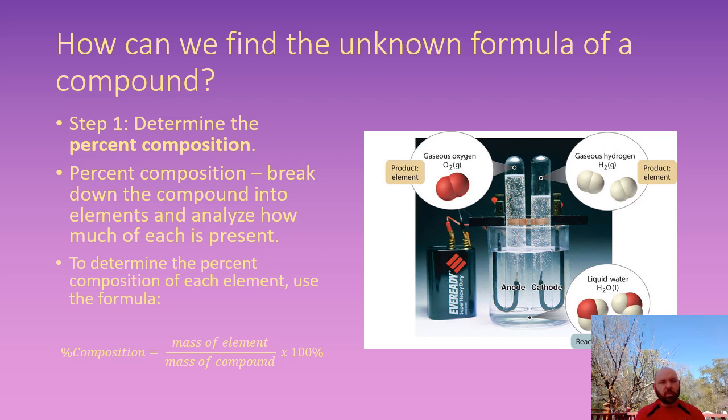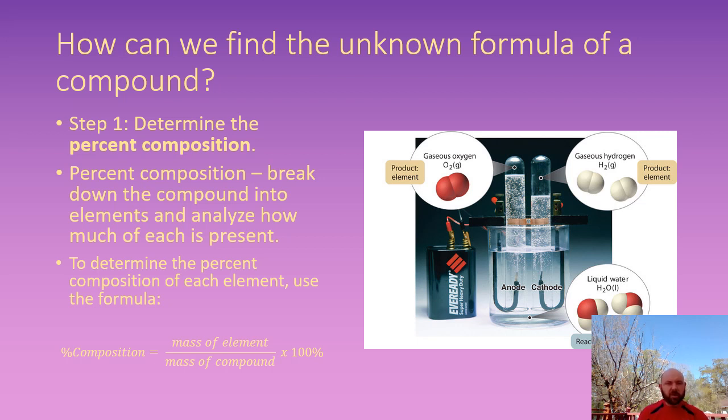So the question we're going to ask is, how can we find the unknown formula of a compound? We have our first step here, and we can see that step 1 is to determine something called the percent composition.